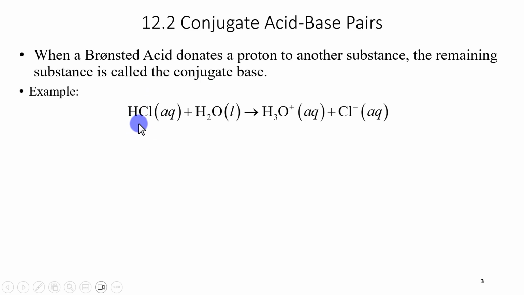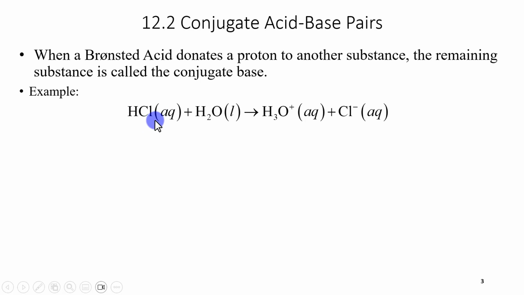So let's look at an example. Here I have HCl plus water giving me H3O plus Cl minus. What is my acid and what is my base? HCl is giving off this proton, this H plus, to the water, leaving me with a Cl minus. Since the HCl donates that proton, this is my Bronsted acid, my original acid.